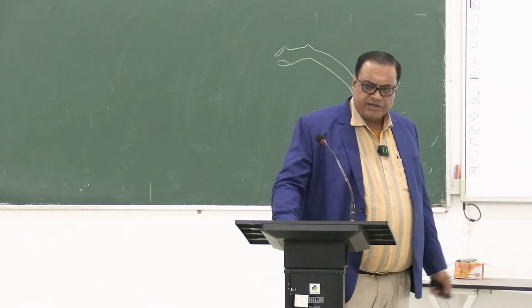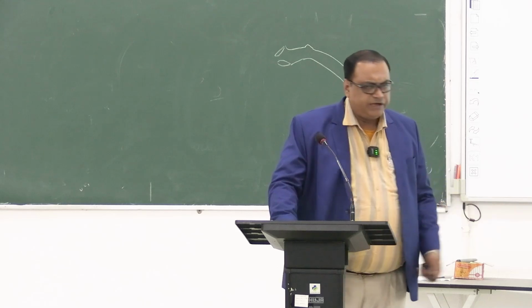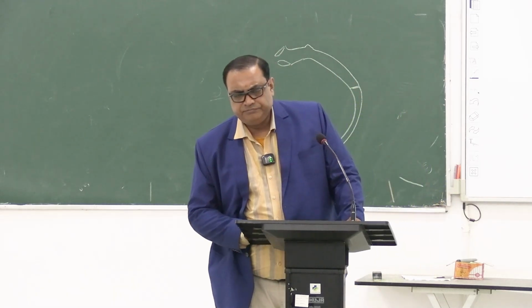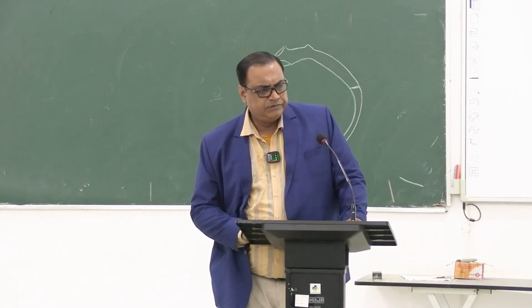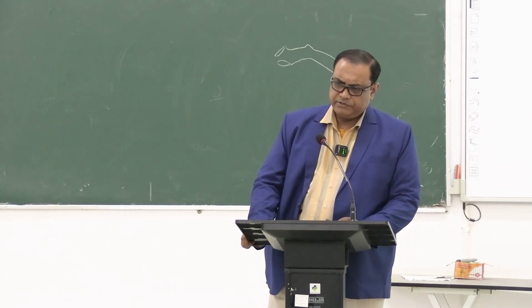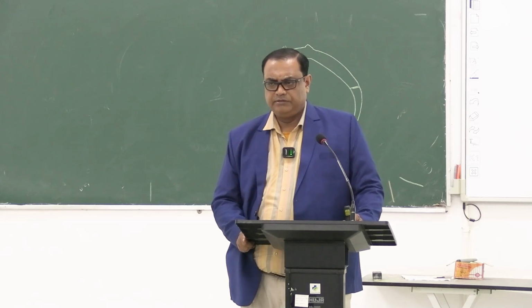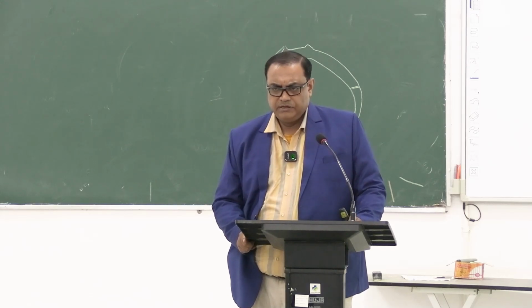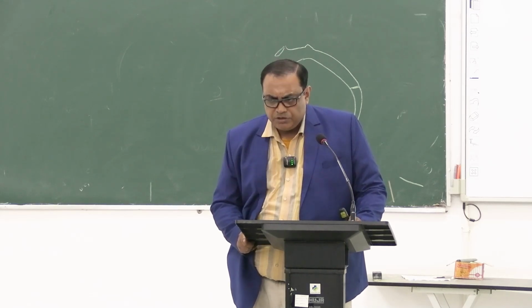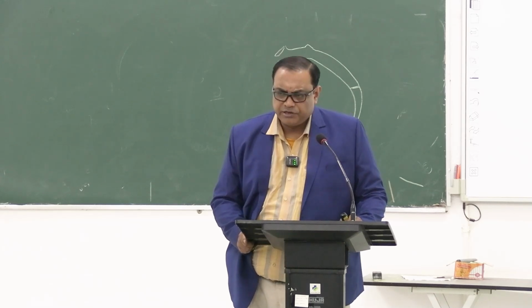Another cycle which is not mentioned here, write down: glucose 6-phosphate goes to formation of glucuronate, means glucuronic acid, via uronic acid pathway. Why is it so important?